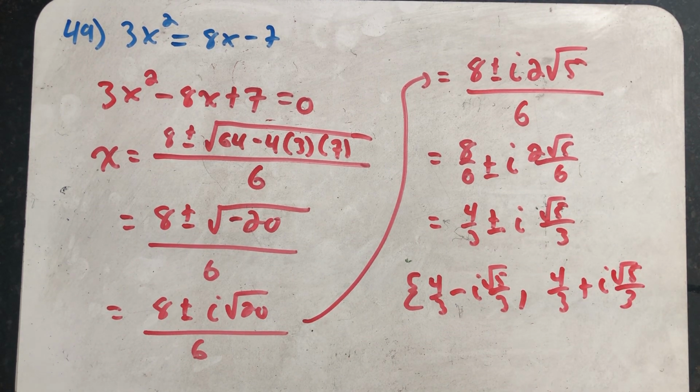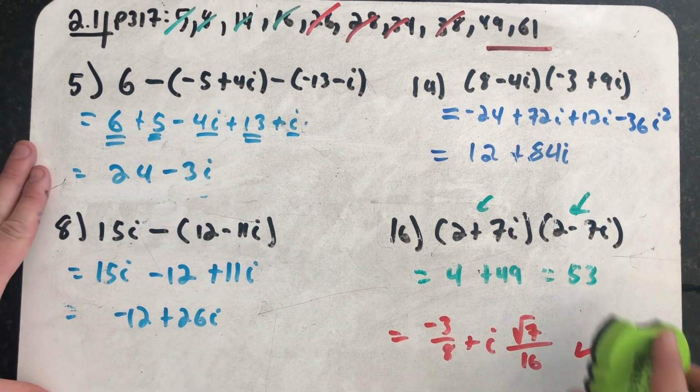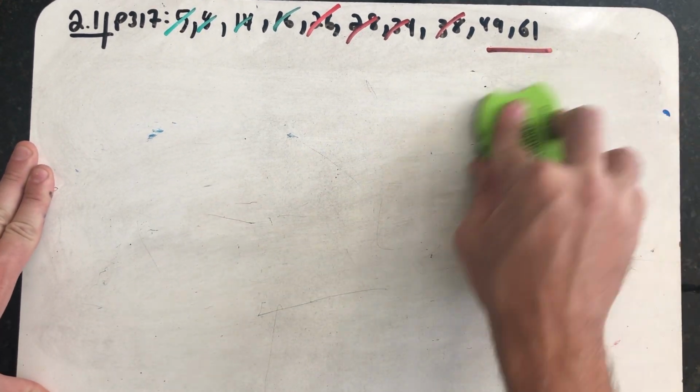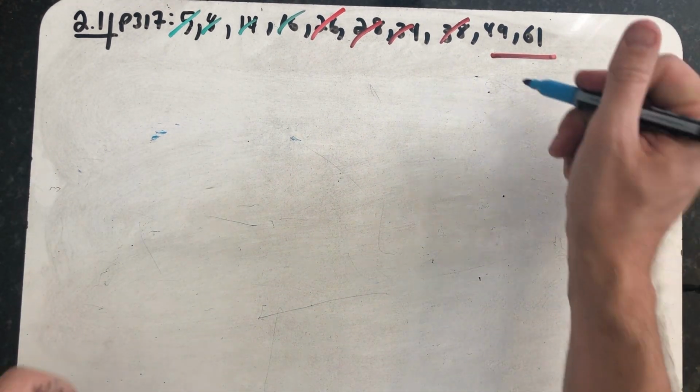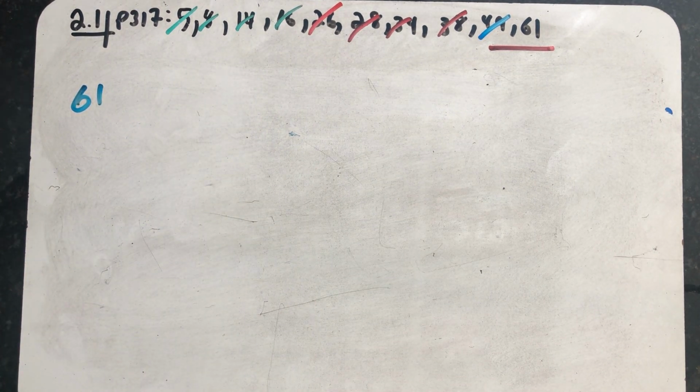Alright, one more problem out of section 2.1 that I wanted to do today, and that was number 61. Number 61 asks us to use complex numbers in an application question.